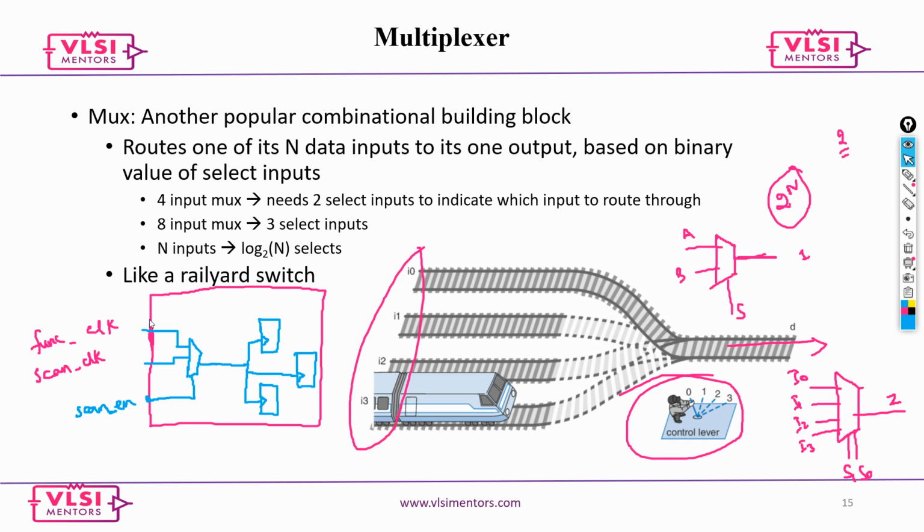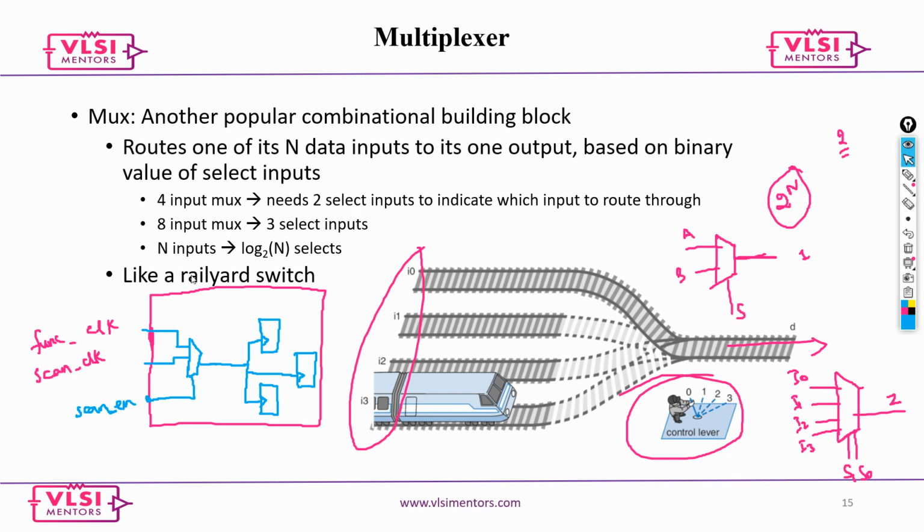The reason we have clock muxing is because at any point of time only one clock would be reaching these registers. So you will see muxes being used heavily everywhere.